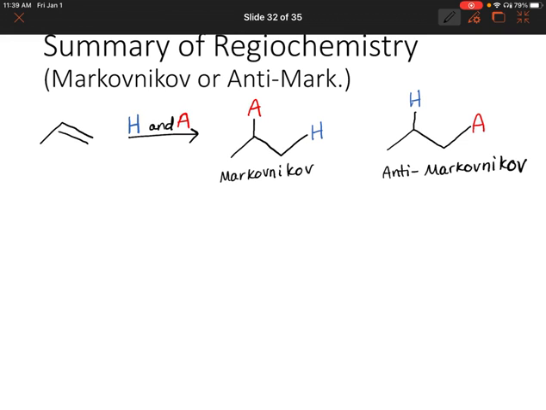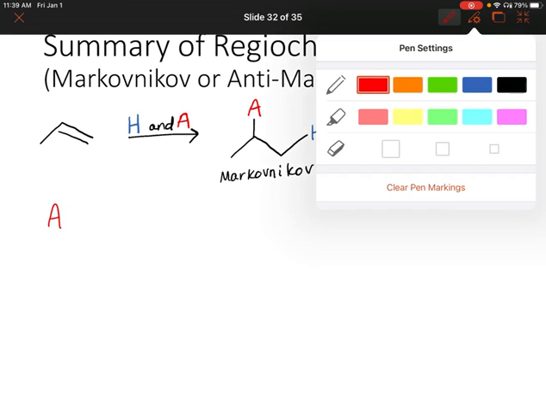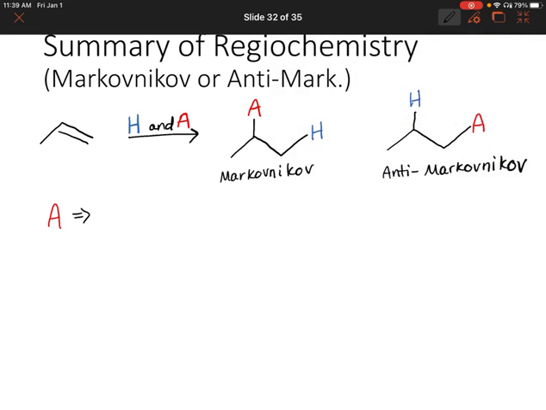Okay, so let's say that A is a halogen. How would we add the halogen to the more substituted side? What type of reaction would we use?